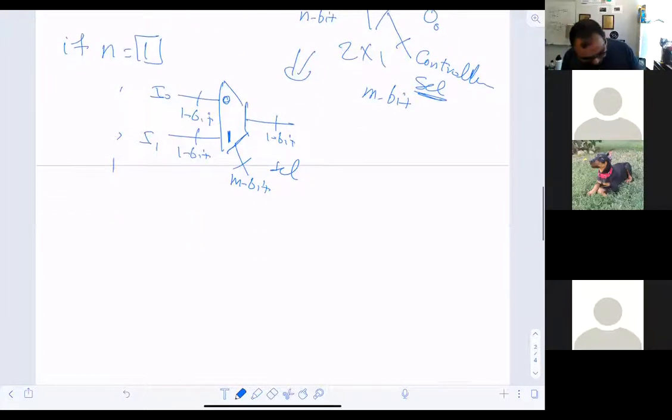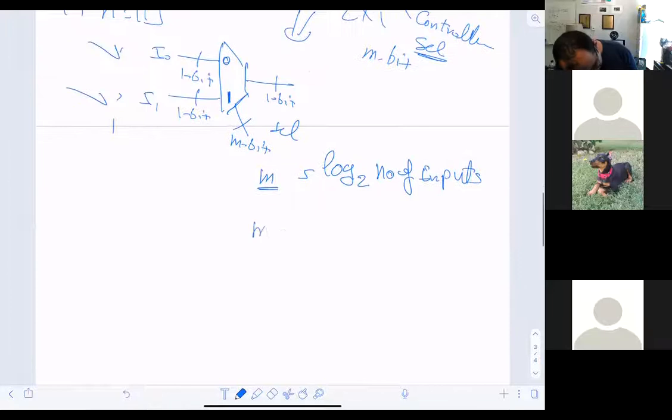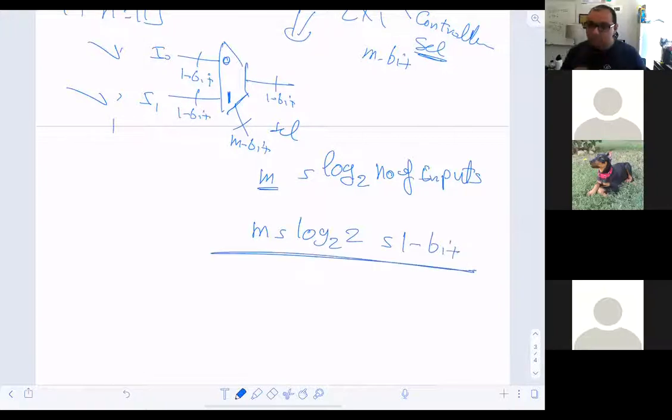So then log 2 of the number of inputs is equal to m. Here we have 1, 2, so m is equal to log 2 of 2. That means it's going to be 1 bit.